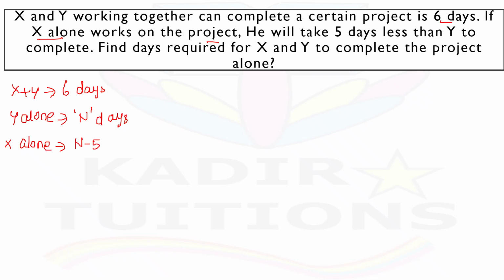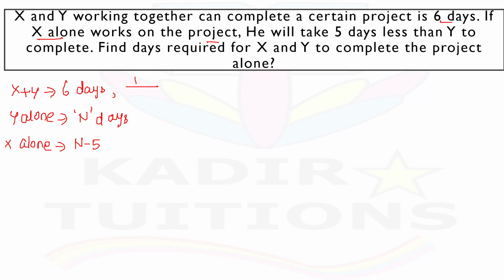Whenever a time and work problem comes, we have to concentrate on how much work is done in one day by the particular person or group of persons, so that we can compare and get the answer. Here the first statement says two persons work together. So now I am going to find how much work has been done by both in one day.